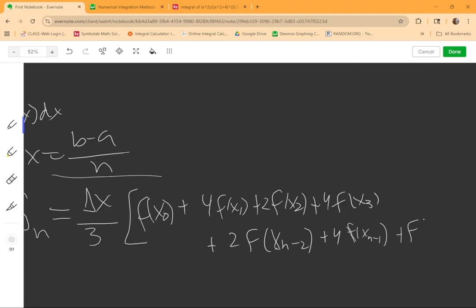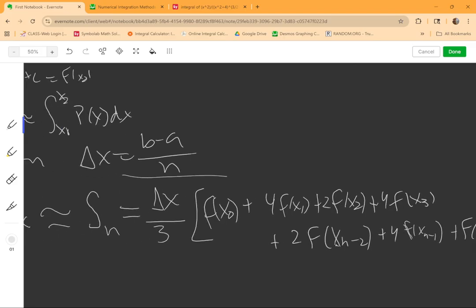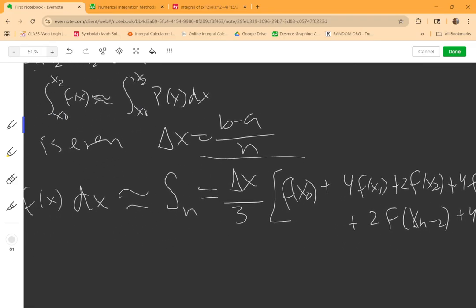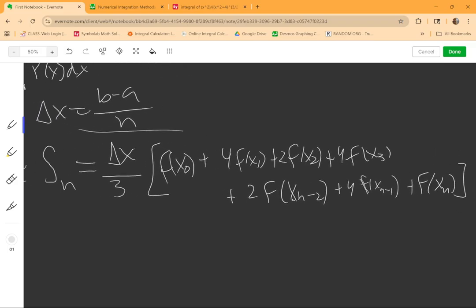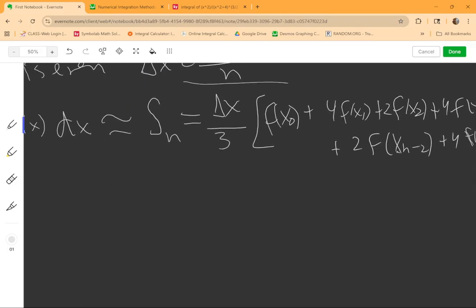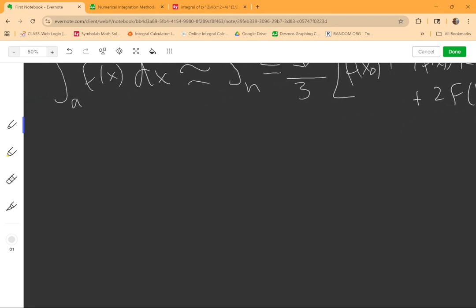And then the last one always has a coefficient of 1. So it starts with 1, ends with 1, and alternates between 4, 2, 4, etc. But again, we must have an even number of subintervals.